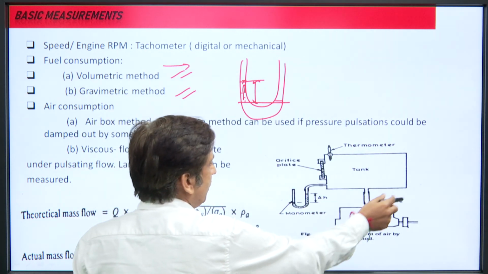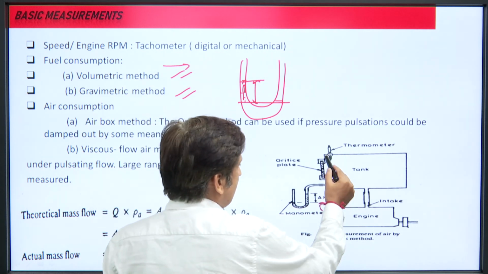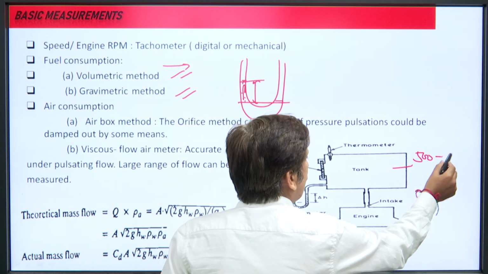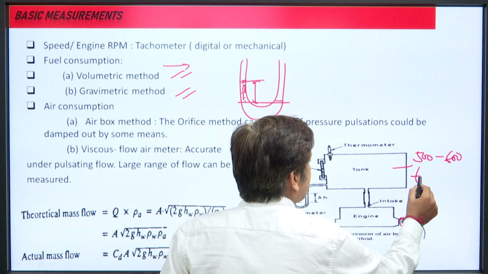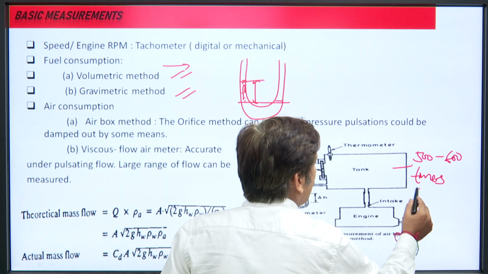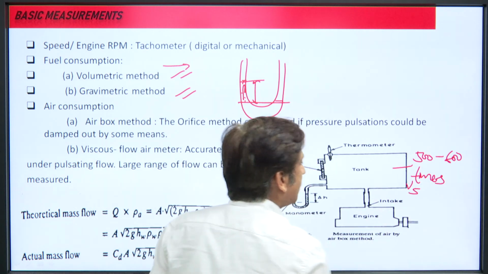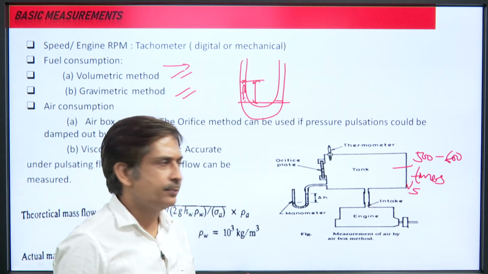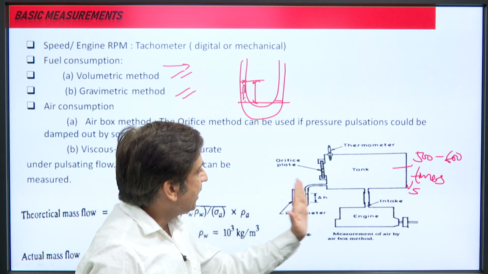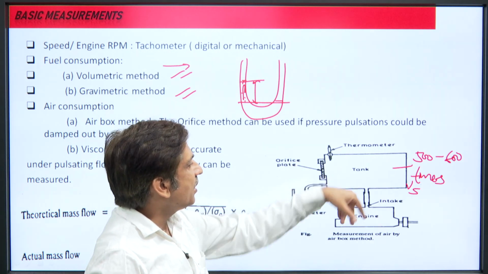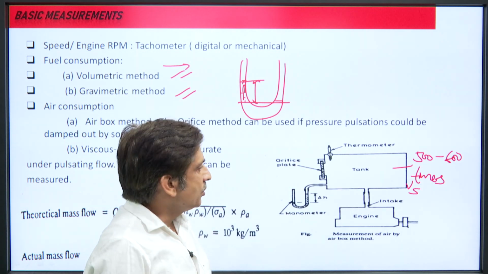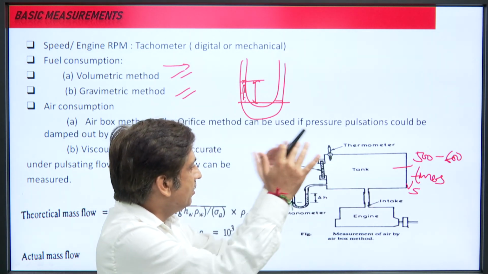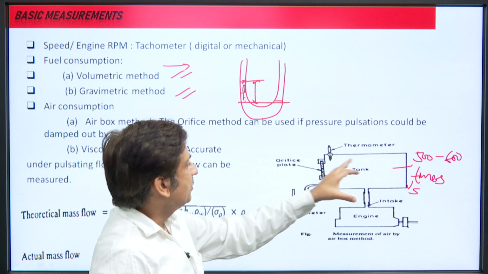This is an example of the air box method. Here, this is the tank, having a volume of 500 to 600 times the swept volume of the engine, because the engine is running at a very high RPM. When it is running at very high RPM, there will be some pulsation in the movement of the air. This pulsation is damped by using a very large size tank.